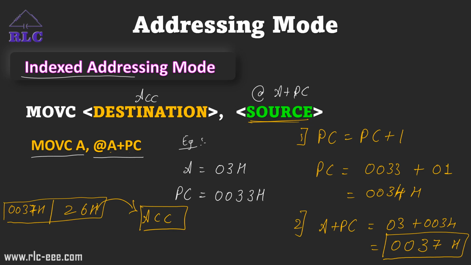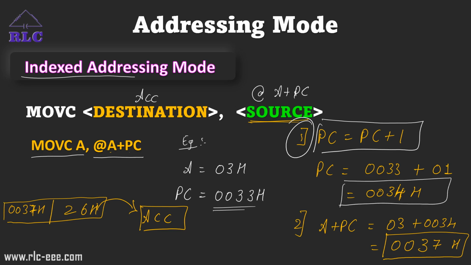So previously directly A was added to the DPTR, but when we execute MOVC A, @A+PC, the first step is the program counter will be incremented by 1. If it is having the value 0033H, it will change to 0034H.